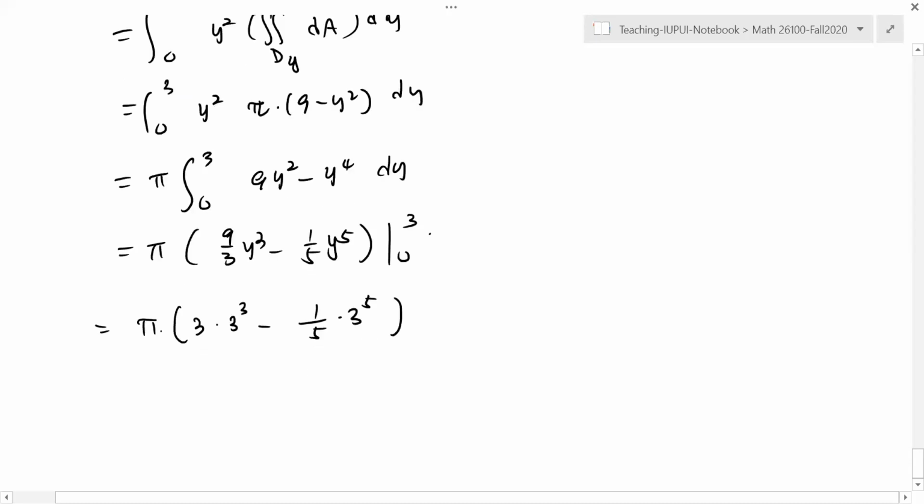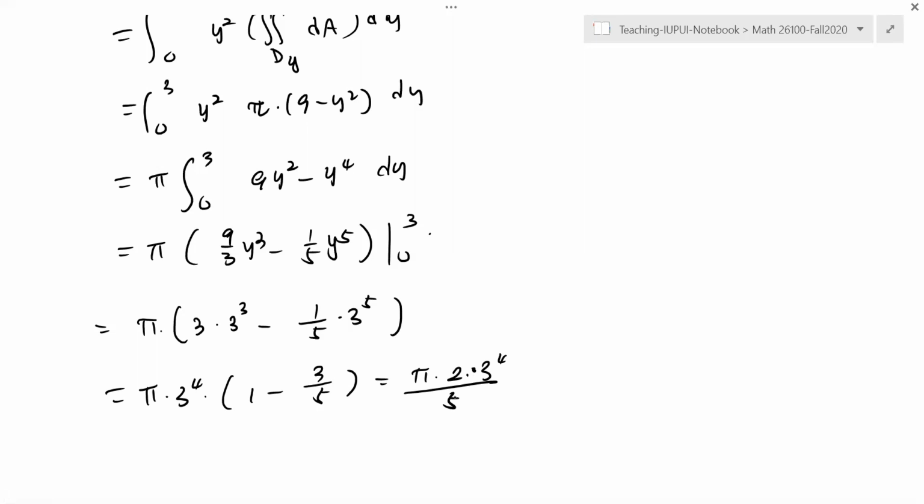So you can take 3 to the 4th power out, and you will get pi times 2 times this. This is the answer.